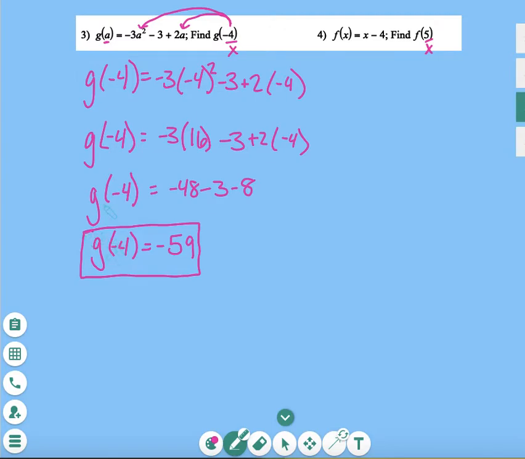Now these problems can get even more challenging as we go, but for now we're just going to be focusing on a slightly simpler version. In this case, same thing. I gave you the x value, so you would plug it into any place where you see an x.